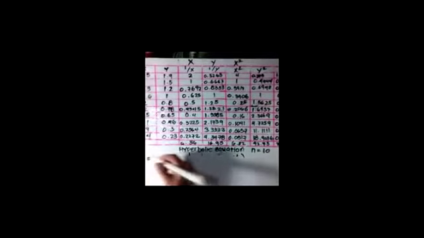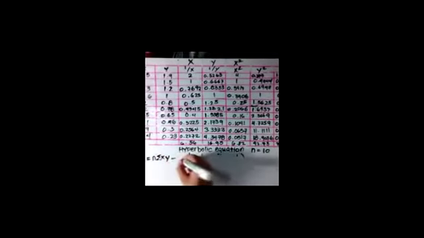The formula to get the value of b is equal to n summation of xy minus summation of x times the summation of y, all over n summation of x squared minus summation of x, then squared.